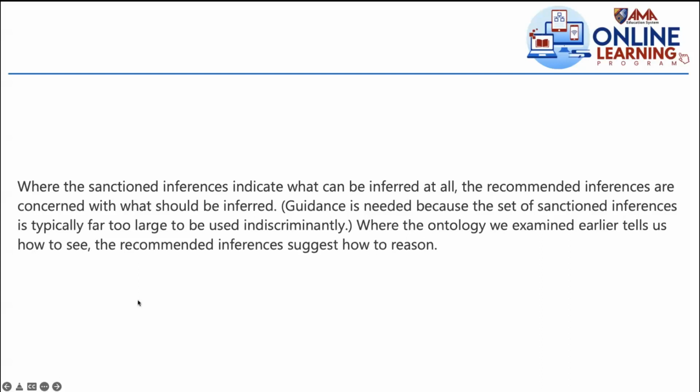But the recommended inferences have to do with how to reason. But you have to connect this to the intelligent reasoning. That's why knowledge representation is how to see, and reasoning has to do with how to reason. So they're connected, as you can see here. Okay, now let me proceed.